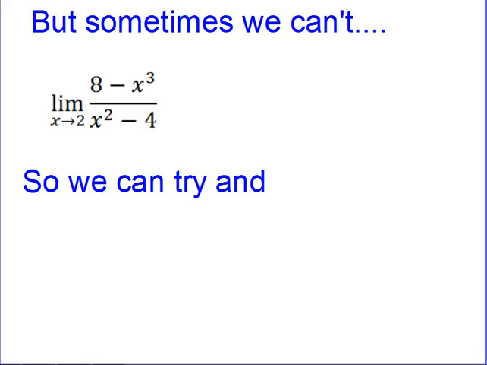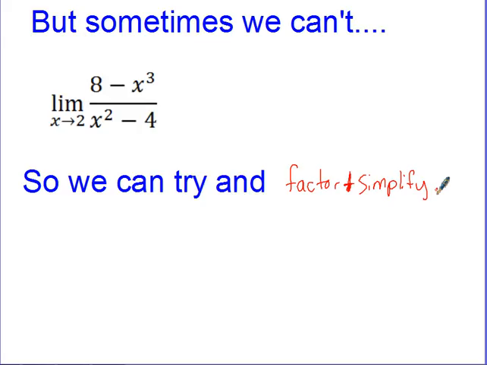It's algebraically. Okay, so since we can't plug in, what we're going to try and do is factor and simplify. So what I'm saying here is this. Maybe this function can be simplified to the point where I could plug in.